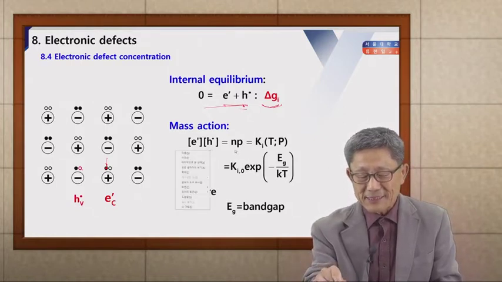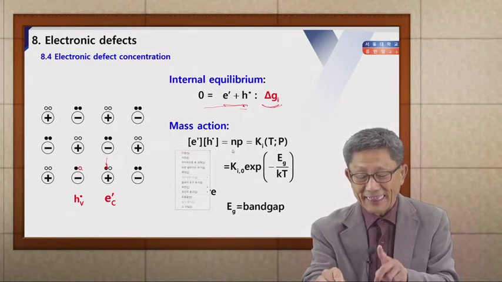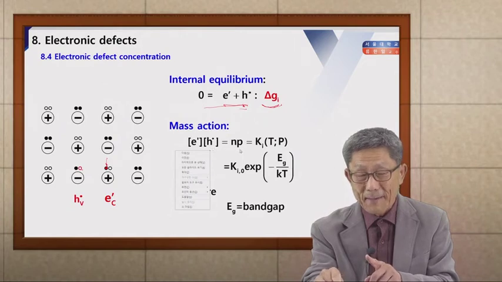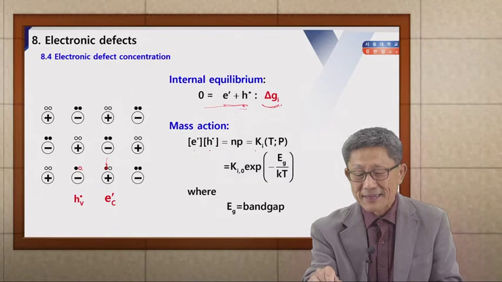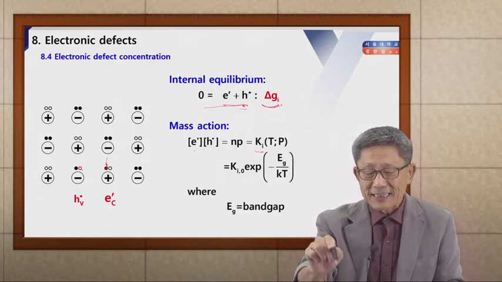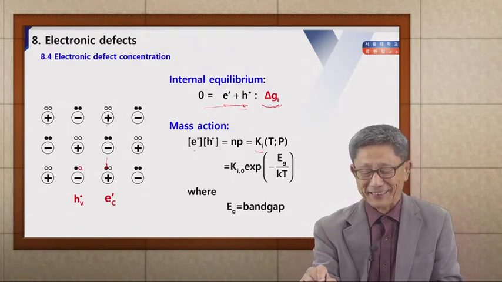Normally in solid state physics, electron concentration is represented by n and hole concentration by p. Okay? So the np product should be constant. This constant Ki is called the intrinsic electronic excitation equilibrium constant.